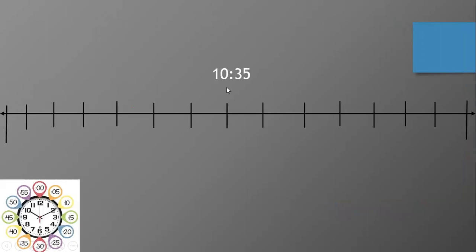So now, boys and girls, let's look at our number line. So we're counting 5, 10, 15, 20, 25, 30, 35, and we can fill in the times at 10:40, 10:45, 10:50, 10:55, 11 o'clock, 11:05, and 11:10.